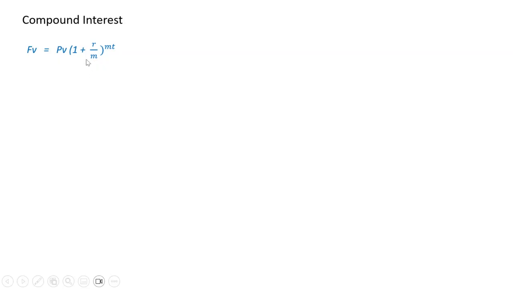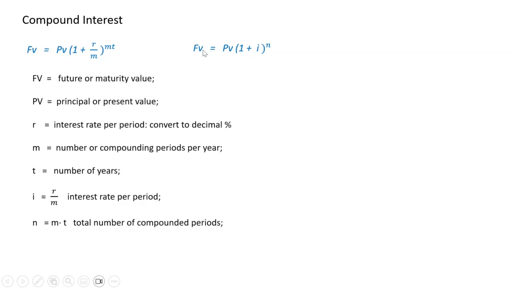This is the formula for compound interest: future value equals present value times parentheses 1 plus R divided by M, to the power of MT. Now it's easier, guys, to use the formula here on the right: the future value equals PV times (1 plus I) to the power of N. If you notice, the I represents R divided by M, and the N represents M times T.